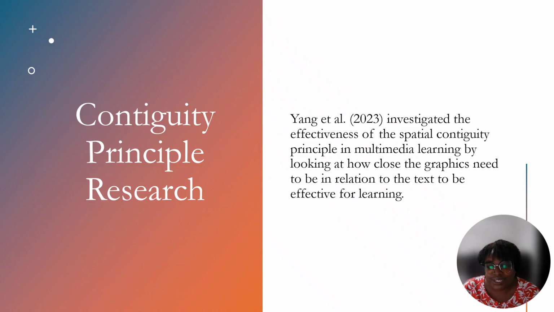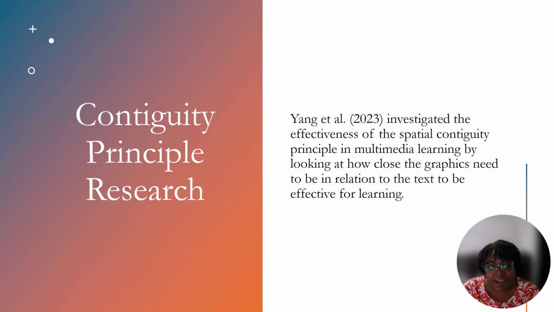Yang et al. 2023 investigated the effectiveness of the spatial contiguity principle in multimedia learning by looking at how close the graphics need to be in relation to the text to be effective in learning.